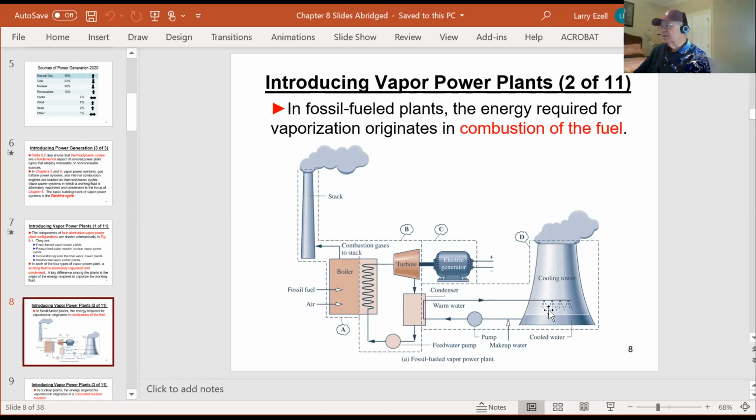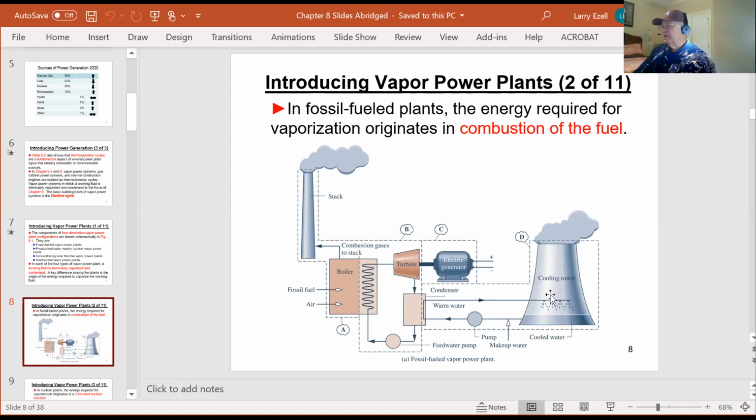Then it condenses back into the sump here, and it's nice cool water. Now some of the water does vaporize, and if you see a cooling tower with what looks like smoke coming out of it, that's just water vapor. It doesn't have any negative impacts on the environment at all.